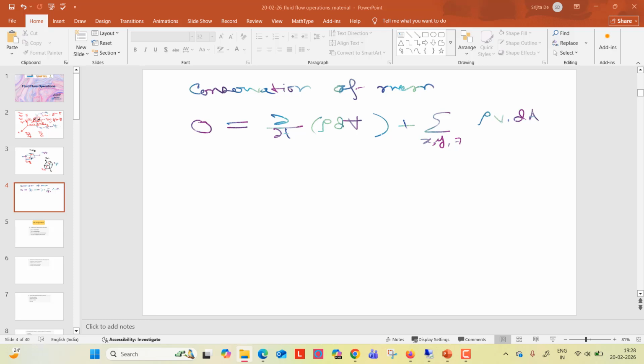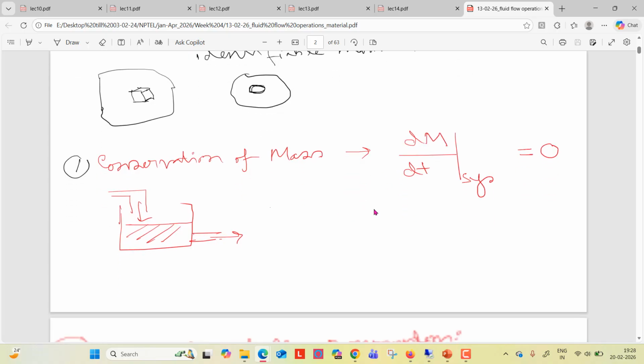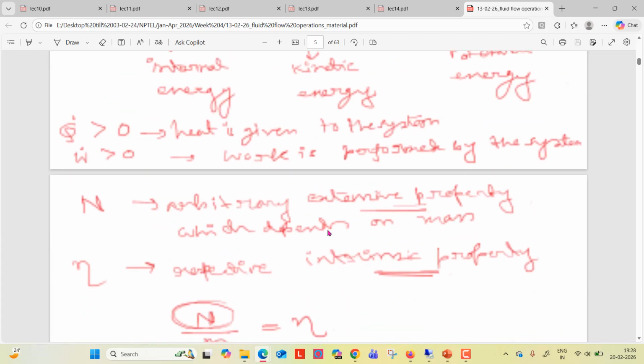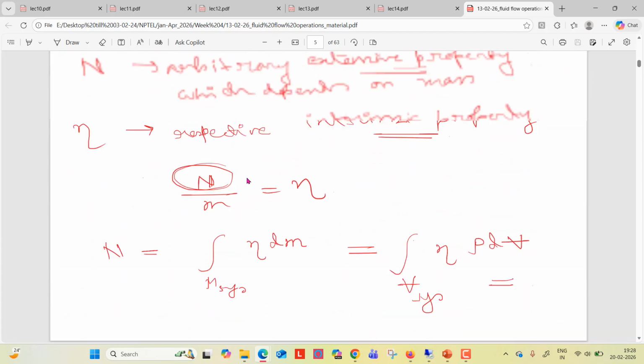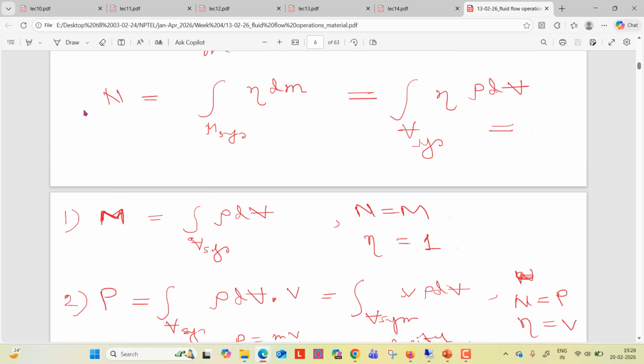So this one. If you remember this, this is the conservation of mass, and conservation of mass means the extrinsic property N is m and eta, the intrinsic property, is 1. So how is this coming?